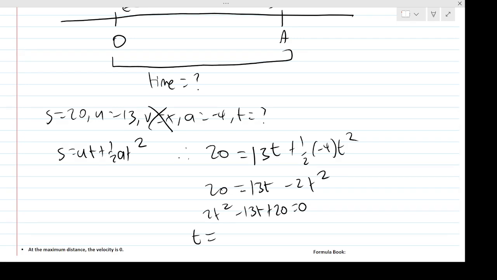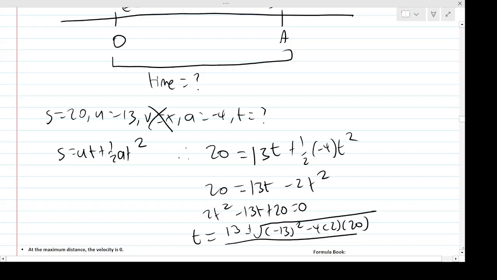So T is going to be, using the formula, 13 plus or minus the root of minus 13 all squared, take away 4 lots of 2 lots of 20, over 2 lots of 2. If I put that in the calculator, T is 4, or T is 5 over 2, 2.5.